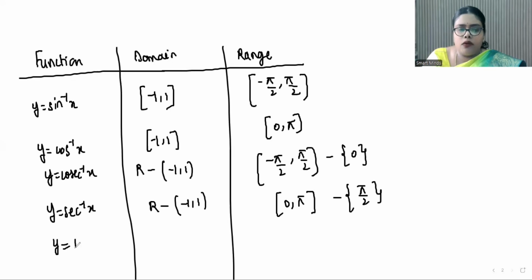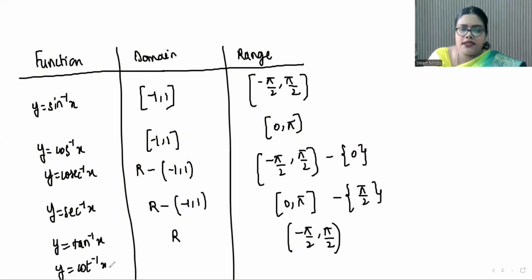And y is equal to tan inverse x. So the domain is all real numbers and the range is open interval minus pi by 2 comma pi by 2. Open interval means the corners are excluded and closed interval is the corners are included. Now y is equal to cot inverse x.